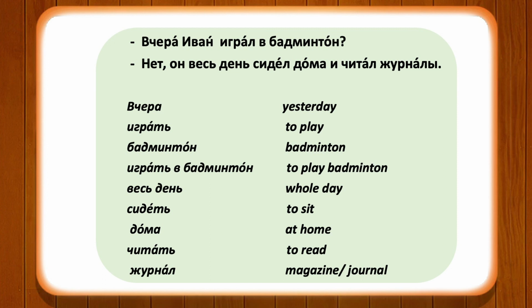Дома, at home. Сидеть is conjugated in past tense masculine form because of Ivan, он сидел дома. И читал from the verb читать in masculine form. И читал журналы. So нет, он весь день сидел дома и читал журналы.